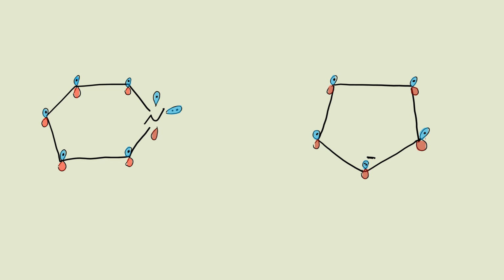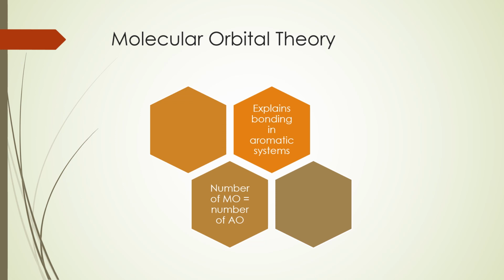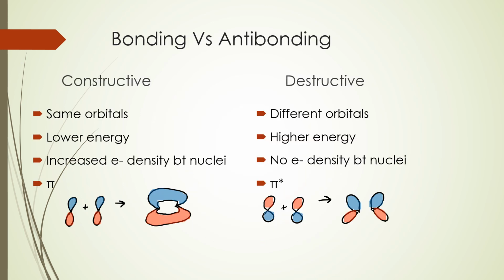Molecular orbital theory helps explain the bonding in aromatic systems. We have to remember that the number of molecular orbitals is the same as the number of atomic orbitals. If you combine 2 of the same types of orbitals, it is constructive and has lower energy. There will be an increase in electron density between the 2 nuclei.